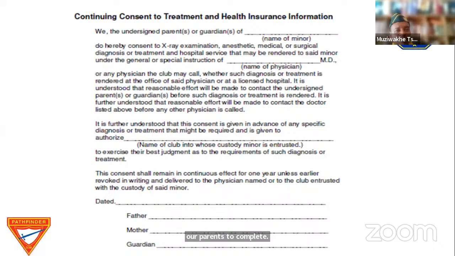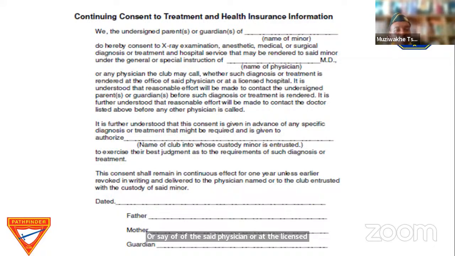And when I read this form, it says, we, the undersigned parents or guardians of the name of the child, do hereby consent to X-ray examination, anesthetic, medical or surgical diagnosis or treatment, and hospital service that may be rendered to the said minor under the general or special instruction of, if the child has a specific family physician or doctor, the parents will complete that, or any physician the club may call, whether such diagnosis or treatment is rendered at the office or say of the said physician or at a licensed hospital.